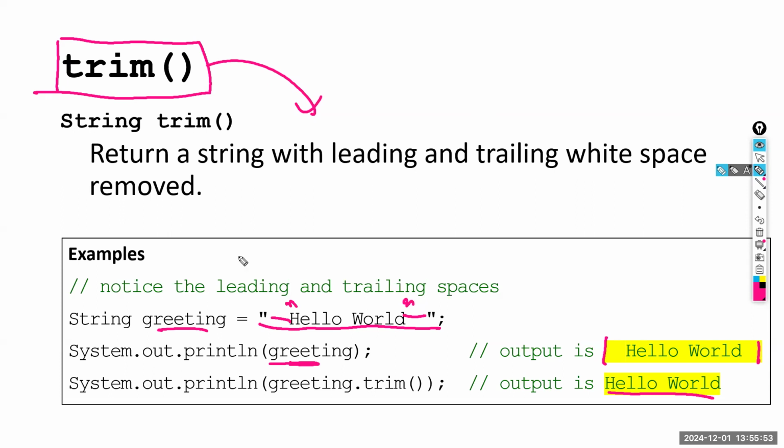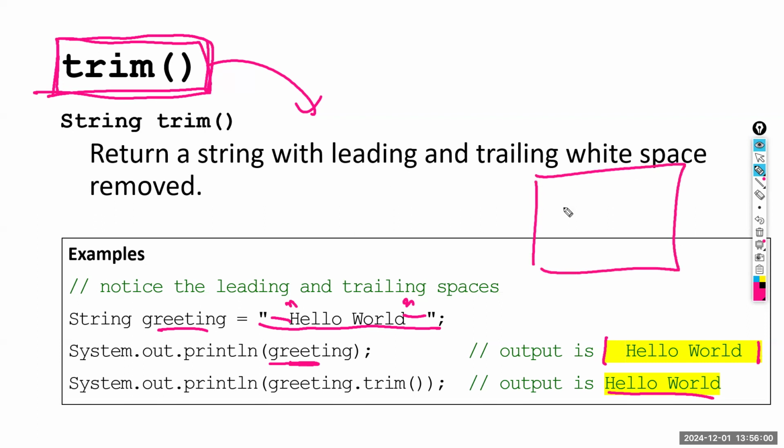Right. So this method is called almost all the time when you design forms and user interfaces. Because some people, when you enter a string, sometimes add extra spaces by mistake, maybe at the beginning or at the end. If you take something like a name, we know that definitely that is a mistake. You are not supposed to have spaces at the beginning and end of a name, email address, and so on.